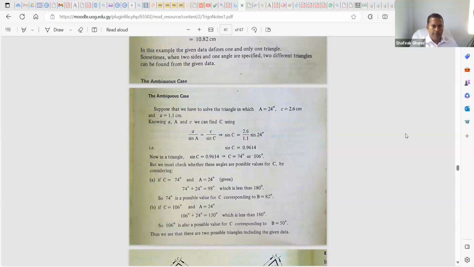And this was the example I was referring to. I think in the CXC syllabus, they'll tell you not to cover the ambiguous case. Well, let's just deal with it. So they describe a triangle.